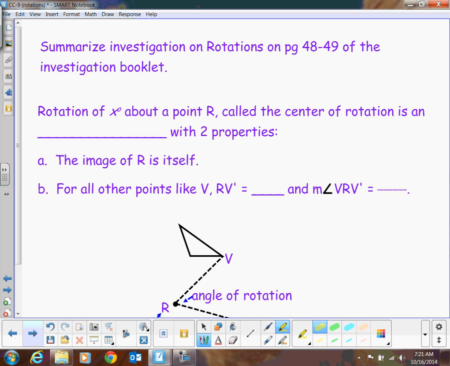So now we're going to talk about a rotation. A rotation of x degrees about a point R, called the center of rotation, is an isometry with 2 properties. Now, what does it mean to be an isometry? Isometry is a special word. This is CC9.